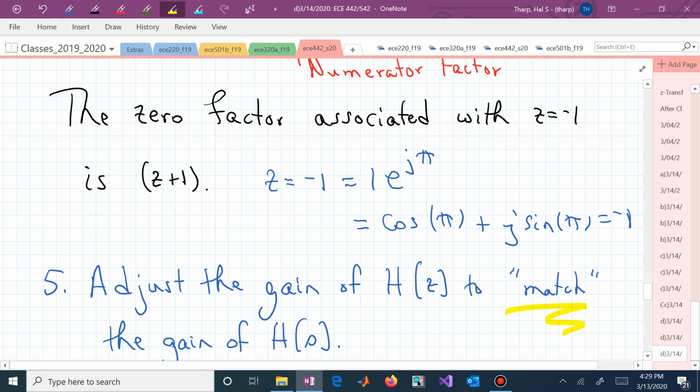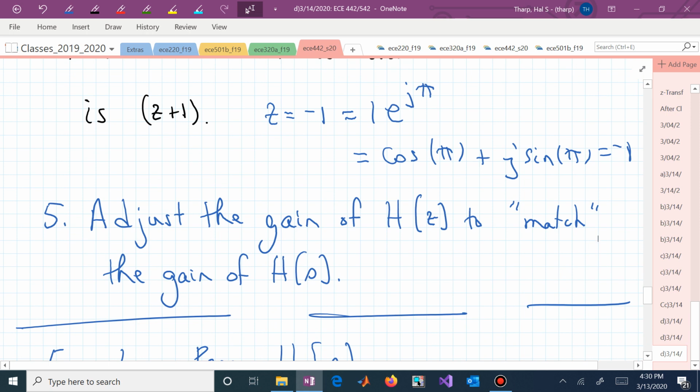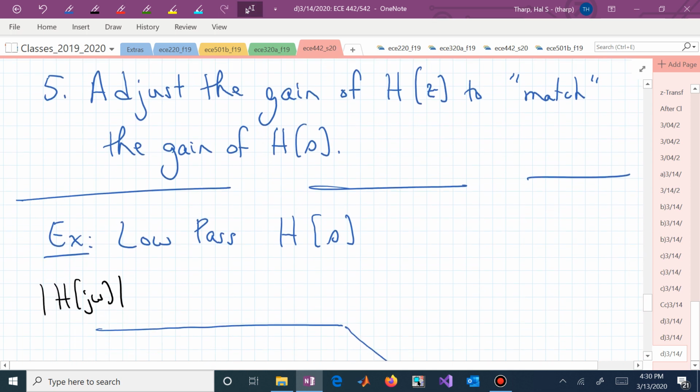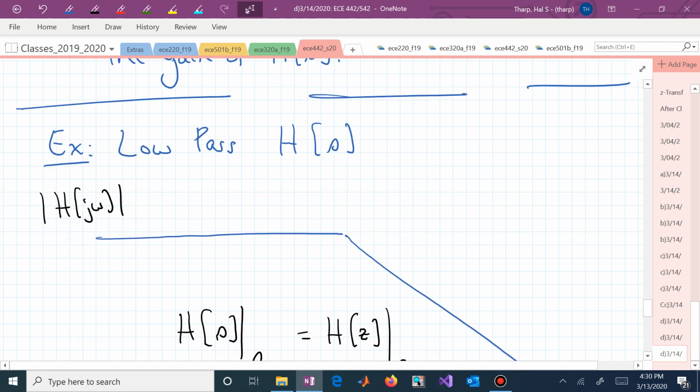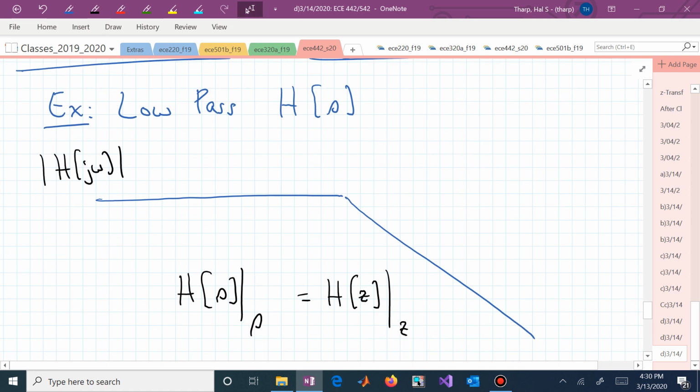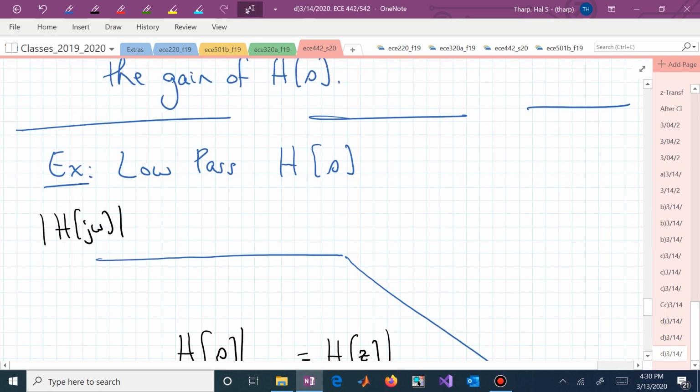And what do we mean by match? Well, that usually is influenced by what capital H of s is in terms of structure. For example, suppose capital H of s was low pass. Where do you think we would want to match gains between H of s and H of z?